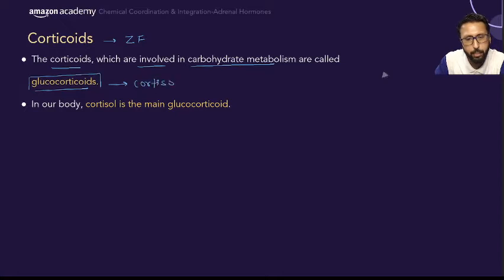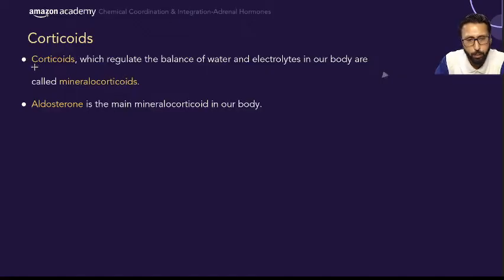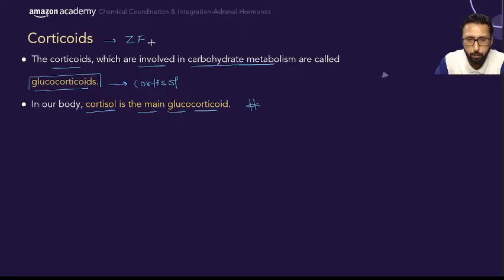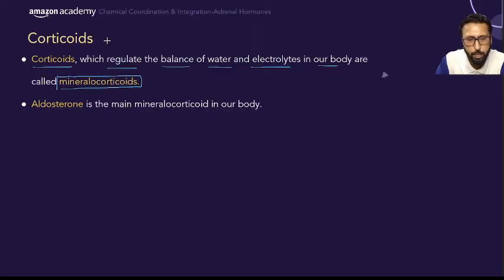Cortisol is the main glucocorticoid. Very important question. Now the corticoids which regulate the balance of water and electrolytes in our body are known as mineralocorticoids. These come from the outermost layer, zona glomerulosa. The glucocorticoids were coming from the zona fasciculata, and this is coming from the zona glomerulosa.